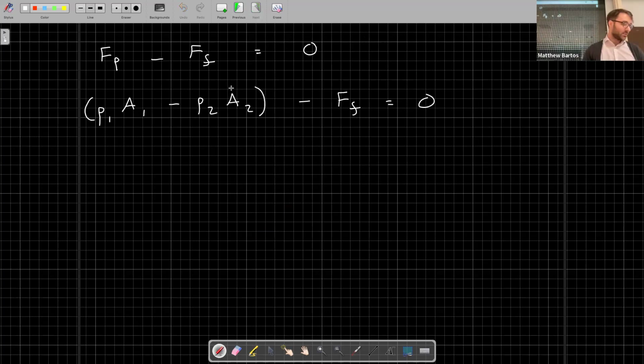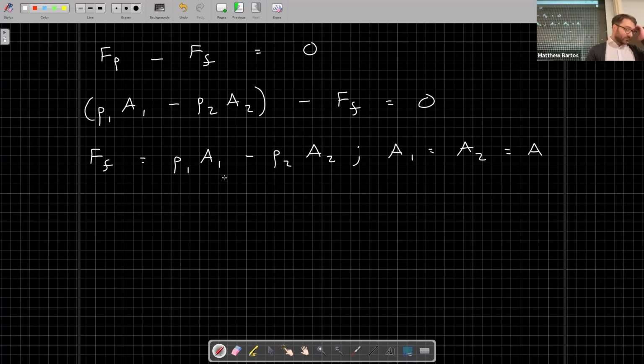Okay, so the frictional force is unknown. We can rearrange for the frictional force. FF is equal to P1A1 minus P2A2. And from before we have that A1 is equal to A2 is equal to A. So we can write that the frictional force is equal to A, the cross-sectional area, times P1 minus P2.